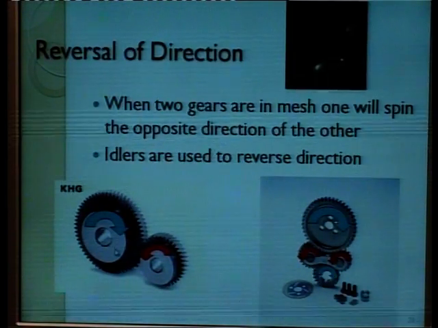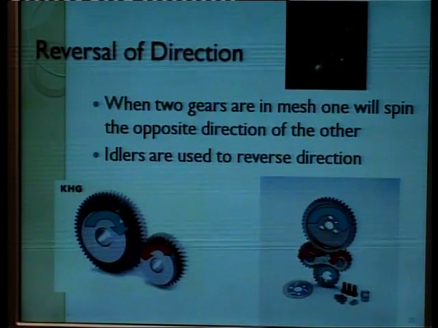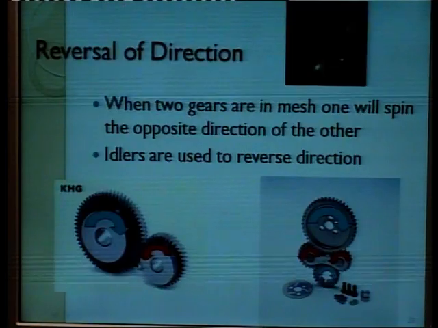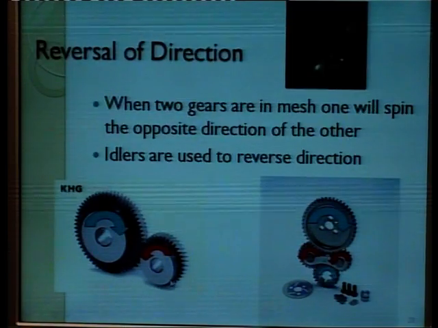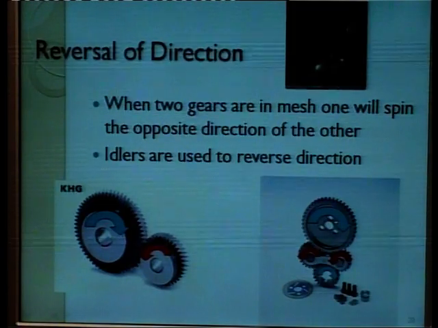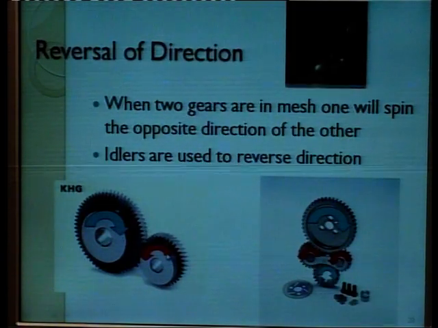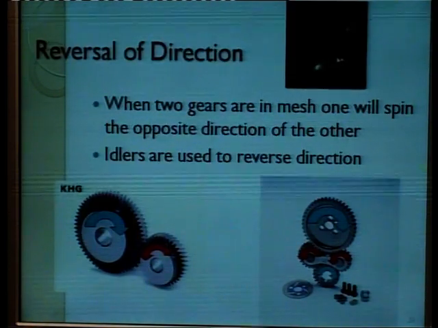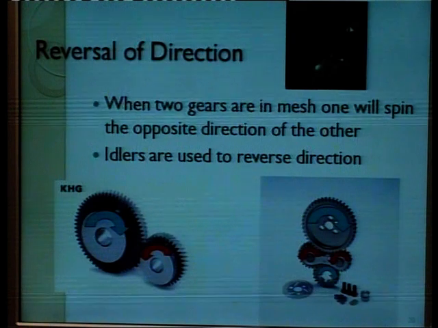Here we see two gears in mesh. If one gear is revolving in the clockwise direction, then the other gear will move in the anti-clockwise direction. For example, if we want the same direction of rotation of the output shaft, what will we do? We will put another gear, an idler gear, in between these two gears.